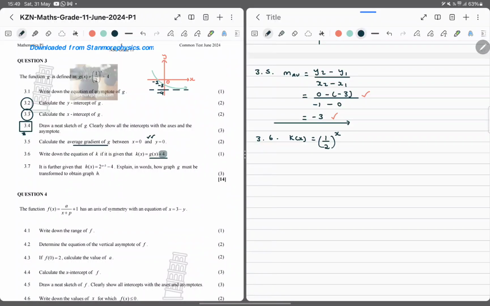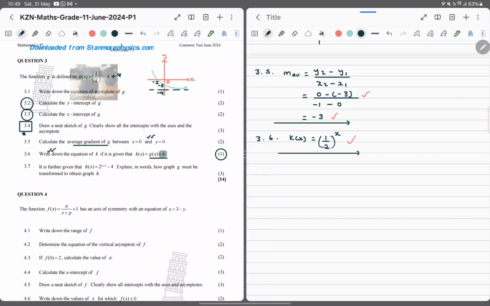Now this was minus 4 plus 4, it becomes 0. Remember, when the question says write down, answer only. Don't show the method. All you do is just add 4 there, not here, but there. Now that becomes 0. Done.